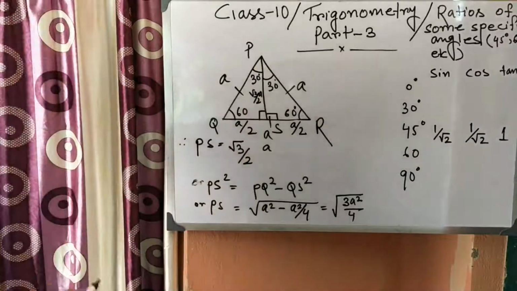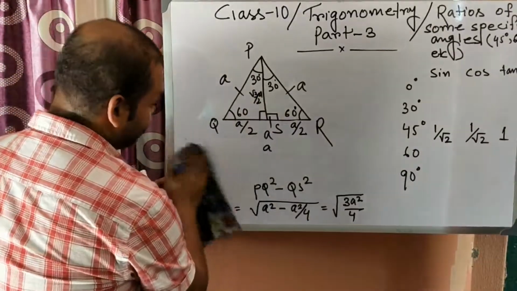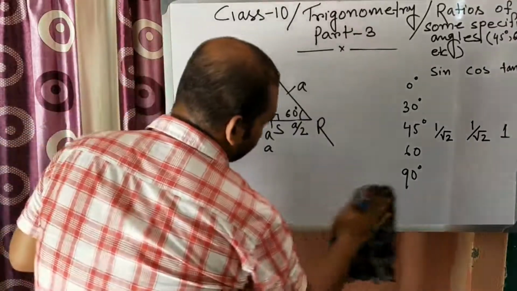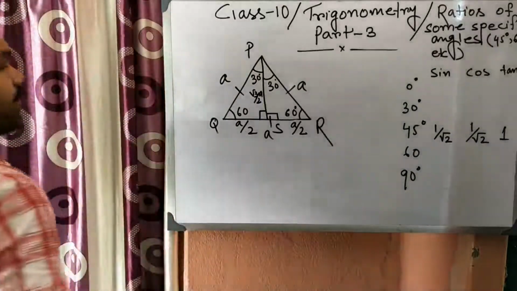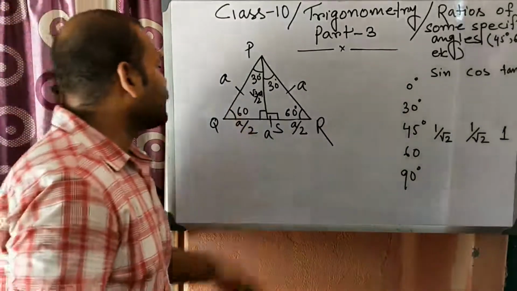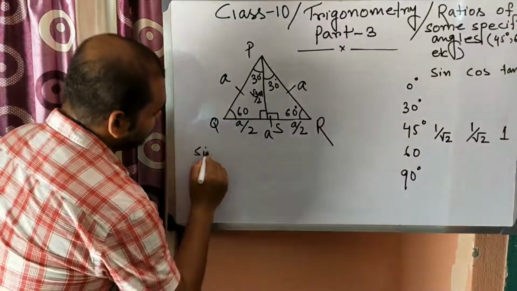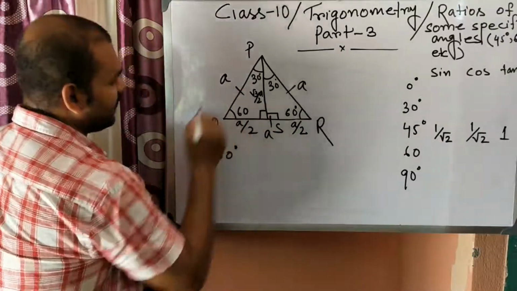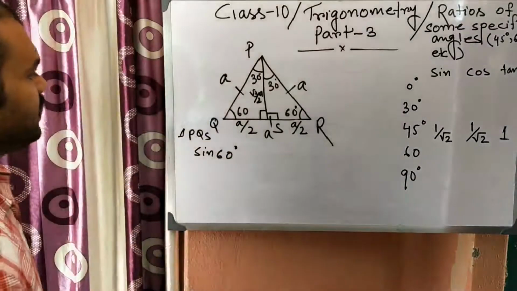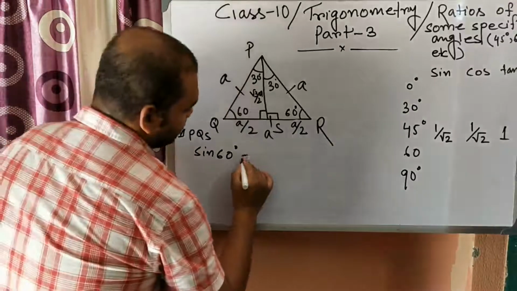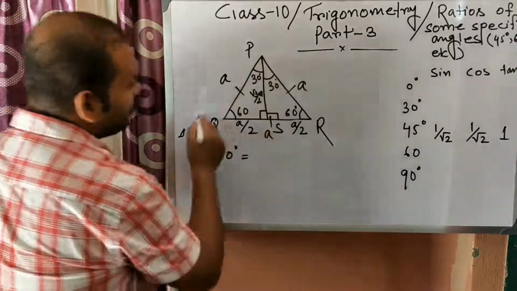Now you can find the values of sin theta, cos theta, or sin 60, sin 30, cos 60, cos 30. So let us do it. Suppose sin 60. From triangle PQS, what is the value of sin 60? Sin 60 is perpendicular by hypotenuse.